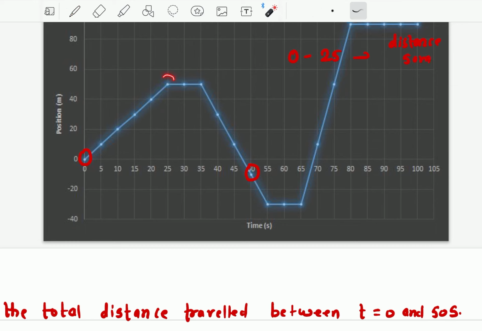Now from 25 to 35, this person has not moved at all because the position is not changing here. At this point the position is the same, at this point the same, at this point the same. So the distance moved in this region is 0 meters.